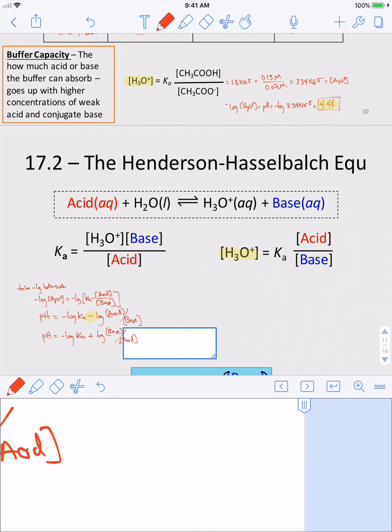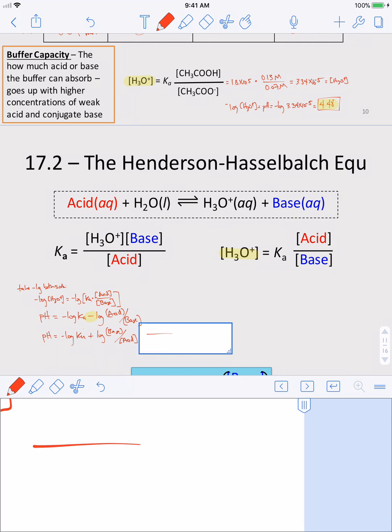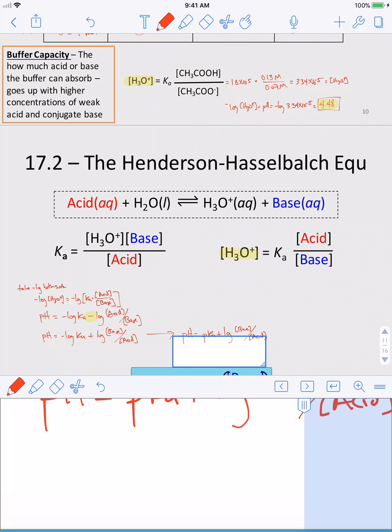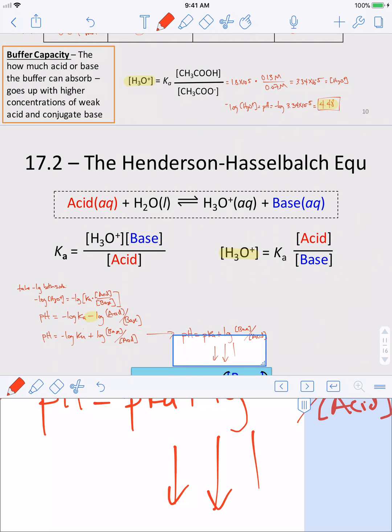All right, and we want to take a look at this formula. Now we have pH, negative log of Ka, that's a pKa, plus log of concentration of base over concentration of acid. This form of the formula is called the Henderson-Hasselbalch equation.